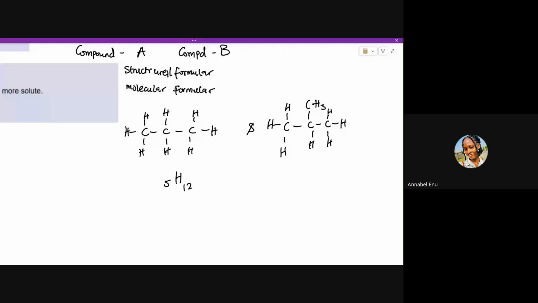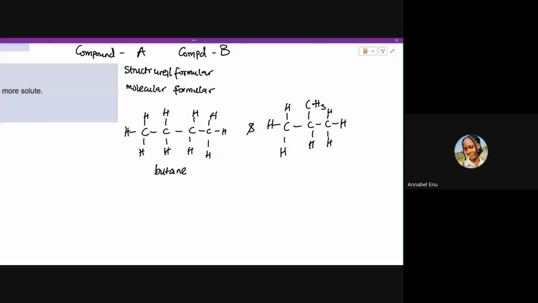Because if you look at them, we have one more carbon. If you look at the first structure, it's a straight chain, and what we will call this structure is butane. Why is it so?